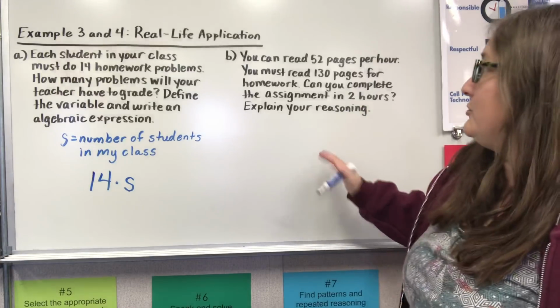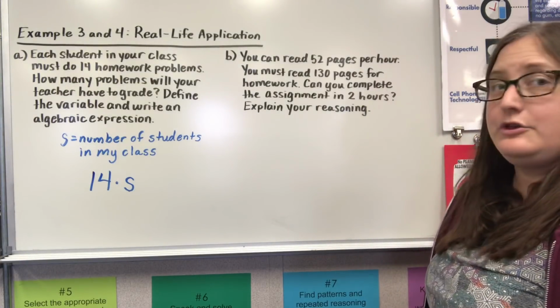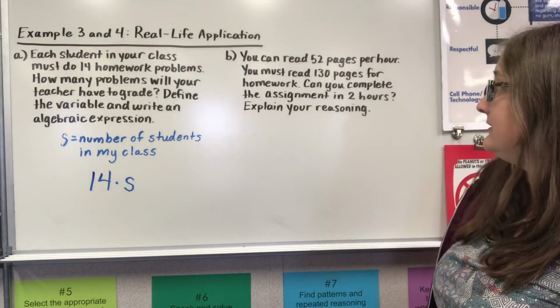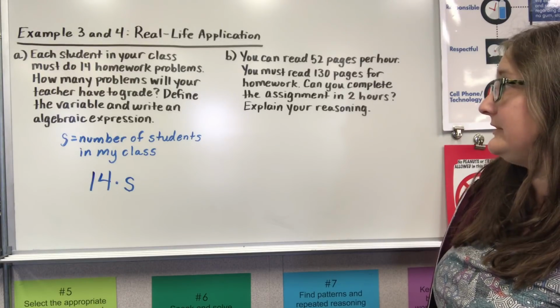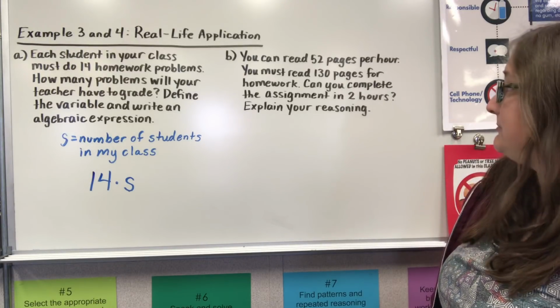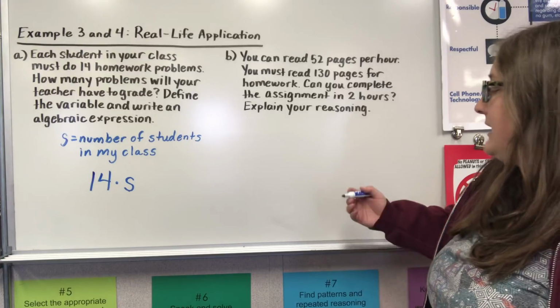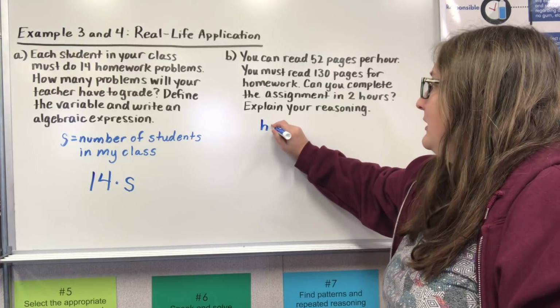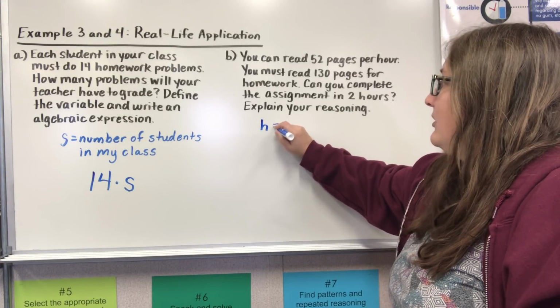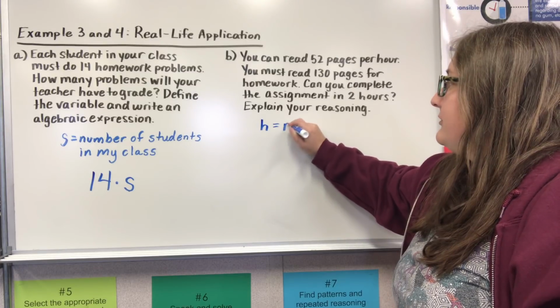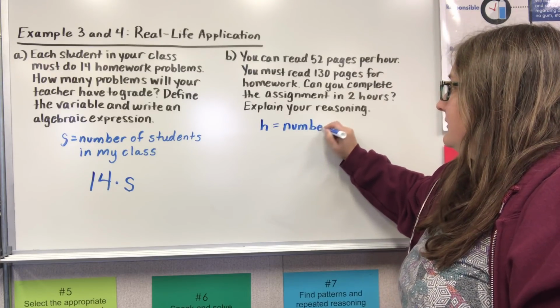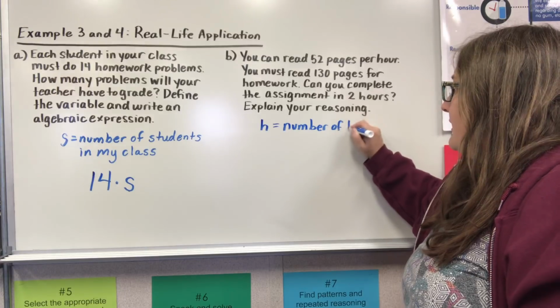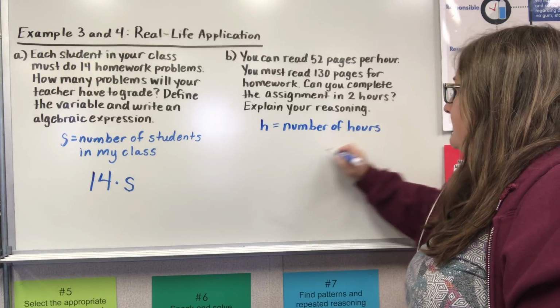Let's take a look at this one. You can read 52 pages per hour. You must read 130 pages for homework. Can you complete the assignment in 2 hours? Explain your reasoning. So I can read 52 pages per hour. So H is going to stand for the number of hours I'm reading.